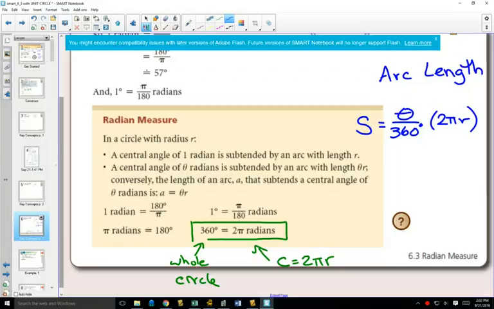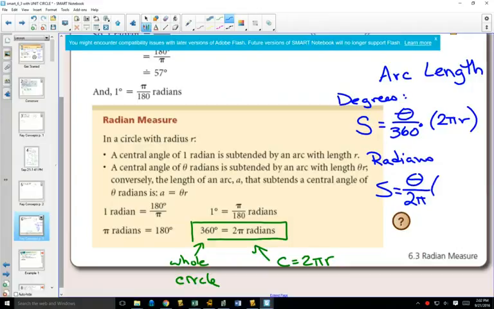Now we're going to change this formula to radians. So this is our formula in degrees. In radians, the formula would be identical. But now instead of theta over 360 degrees, we would have theta over 2 pi, because 2 pi radians is the same as 360 degrees.